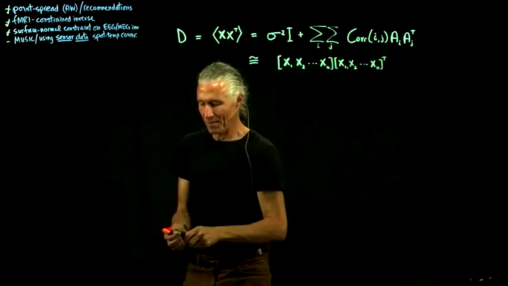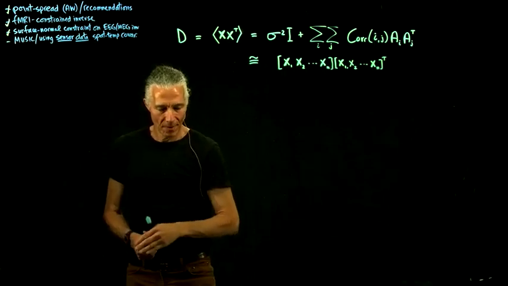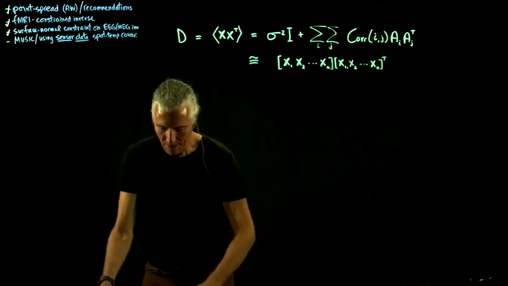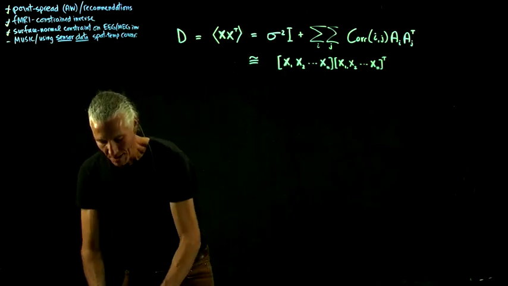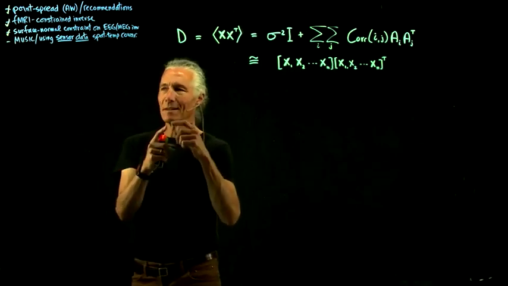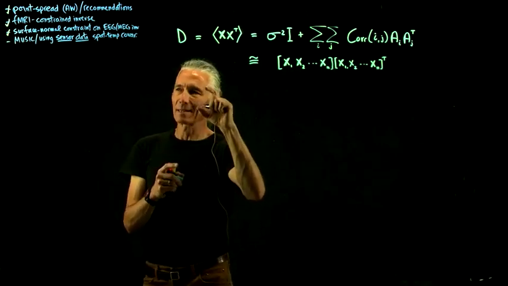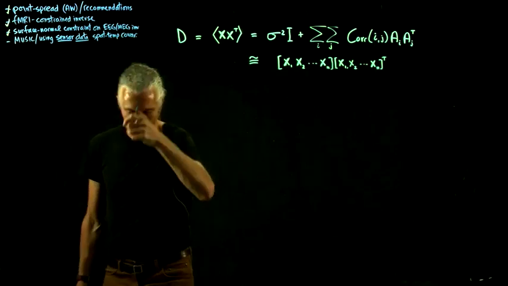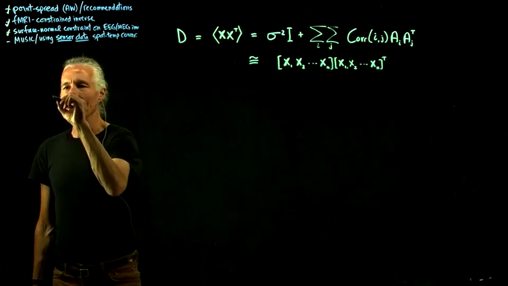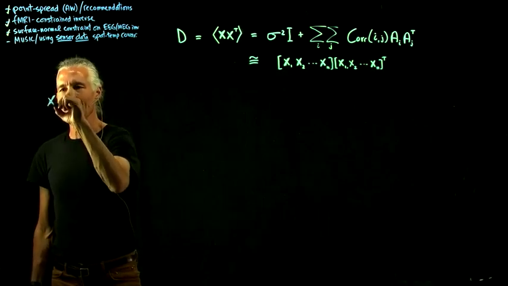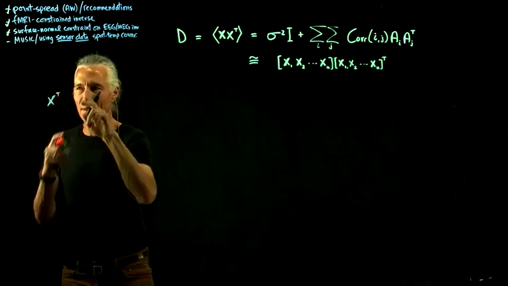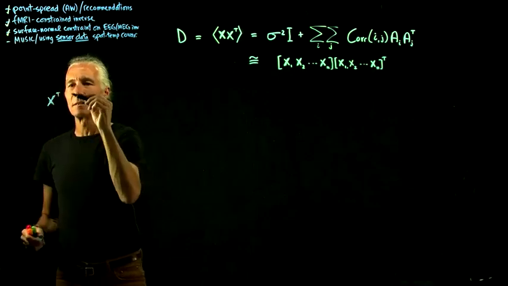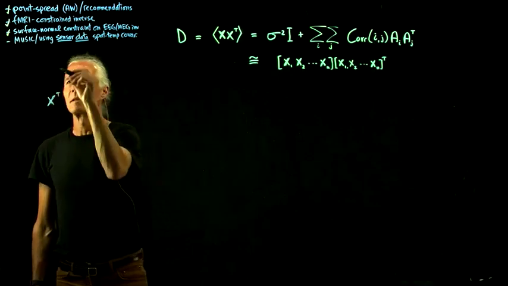Let's put it down here. So if you assume that a vector like x is a column vector, then you take the transpose of a column vector to turn it into a row vector. So what does that look like?